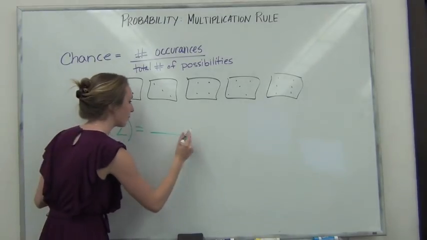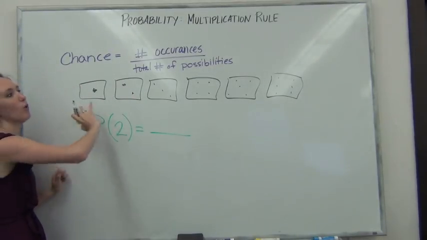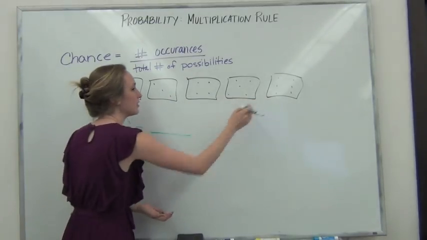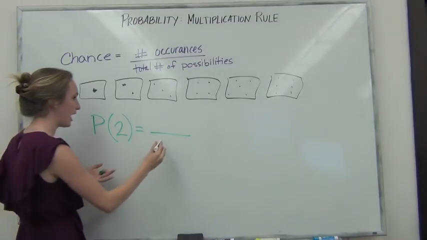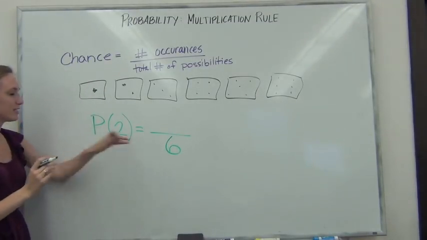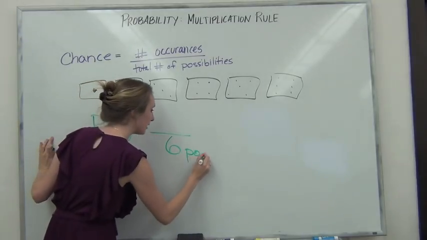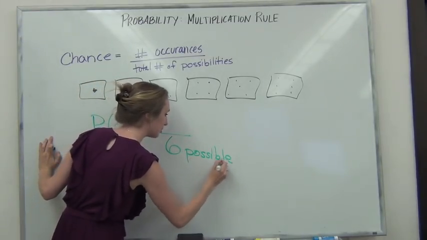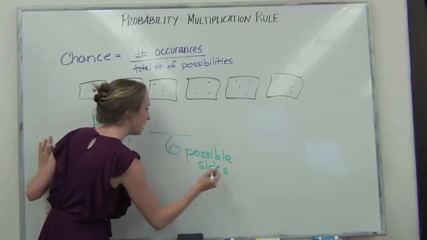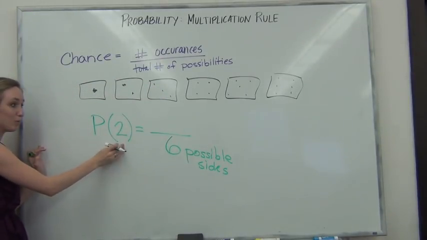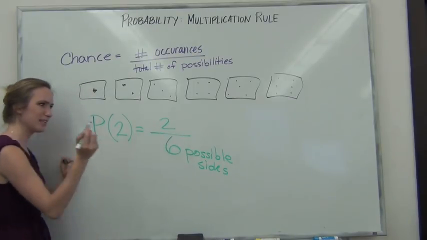Well, first let's start with that denominator again. How many total possibilities could I have rolled? Well, I could have rolled any one of these 6, right? There are 6 options to a die. So I could say that there are 6 different options for me to have total. So 6 possibilities. 6 possible sides to a die. And what am I looking for? I'm looking for the side that is a 2. So does that mean I want to put 2 out of 6?